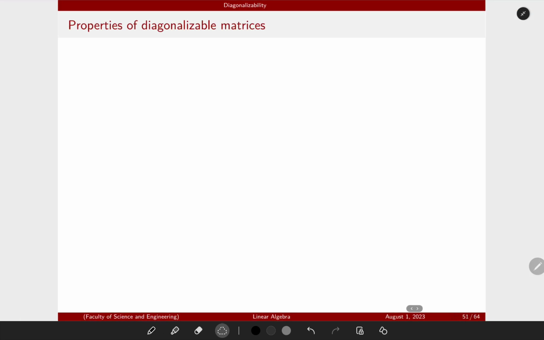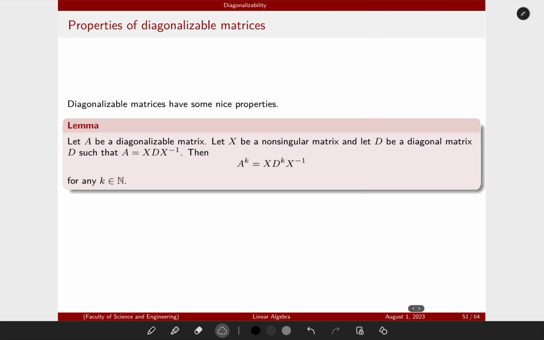Okay, now we look at some properties of diagonalizable matrices. A nice property, which we will see is a desirable property in our application that we will cover in the next video, is that if we raise a diagonalizable matrix to some power, we can decompose it into X D X inverse, where D is diagonal, and X has the eigenvectors as its columns, and X inverse is just the inverse of X. Then we can show that A to the k is X D to the k X to the minus 1, so it is very easy to raise A to some power.